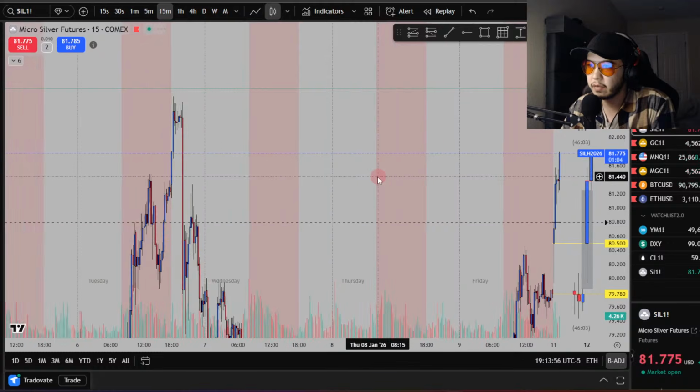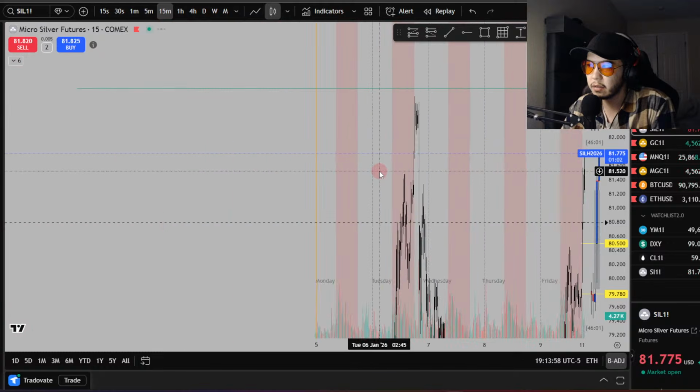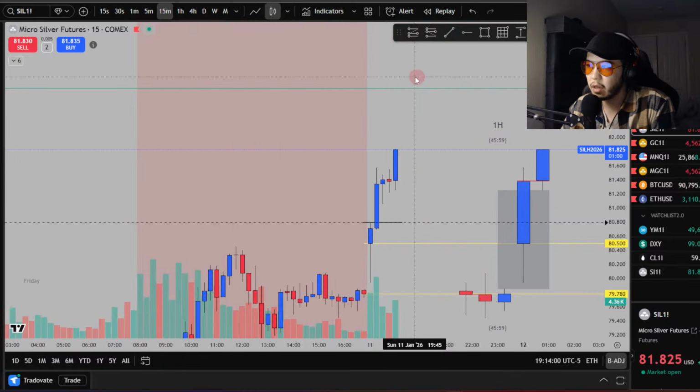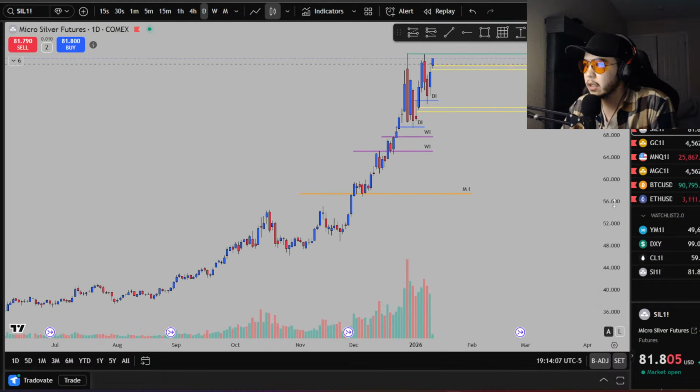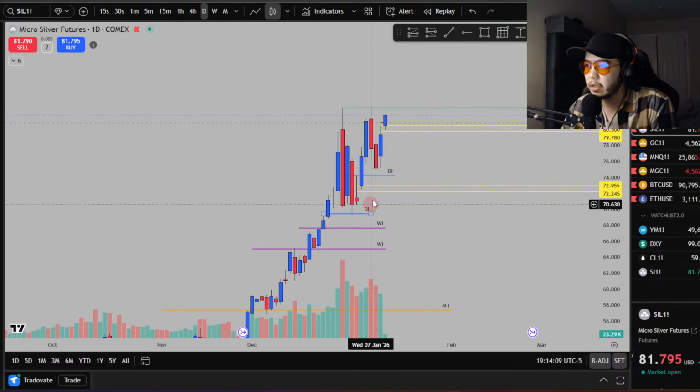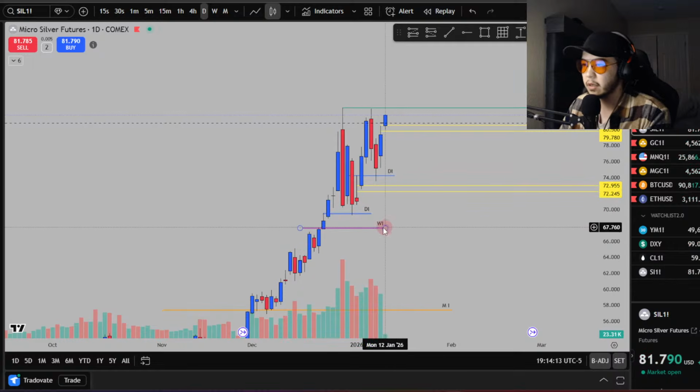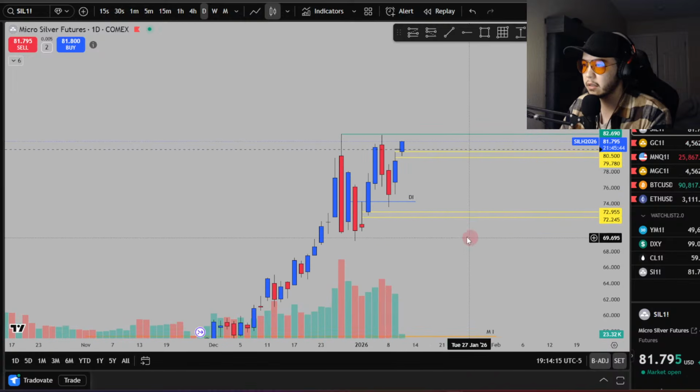It looks like silver is gunning for the all-time high again. Let me go to the daily. Look at all these areas that we just left out without taking out. Get rid of that, get rid of that, get rid of that.